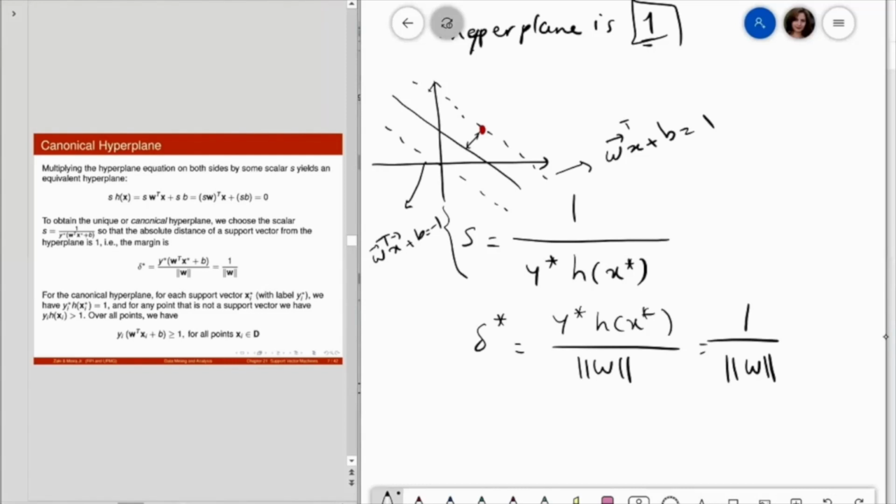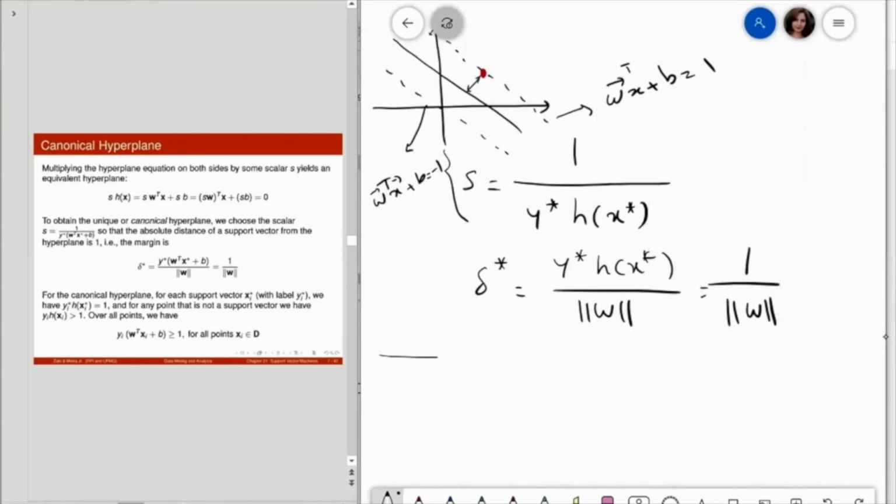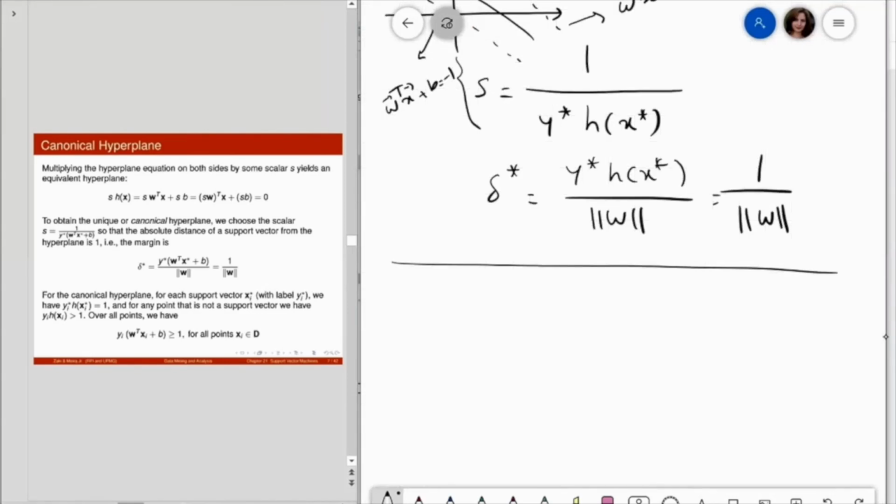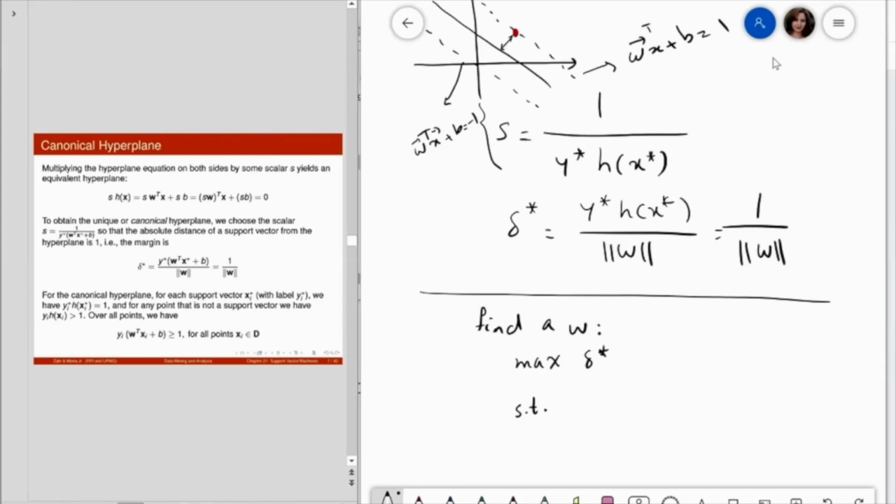So overall, what I am trying to do is find a W such that we are going to have maximum margin, that maximizes the margin, and at the same time we want for all data points that we have yi h(xi) to be larger than or equal to 1.